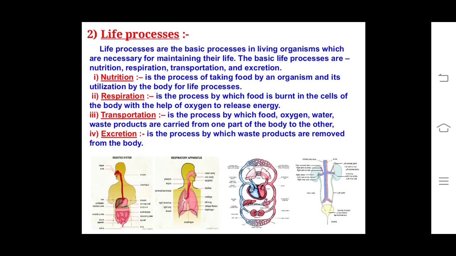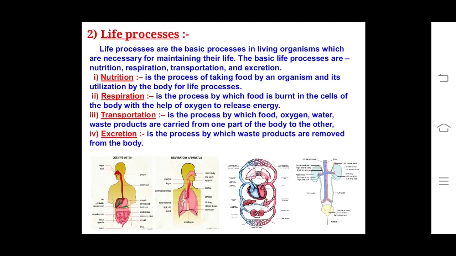As you know, there are so many systems and so many processes. For example, the digestive system carries on the work of nutrition. What is nutrition? It is the process of intake of food by the organism and its utilization.